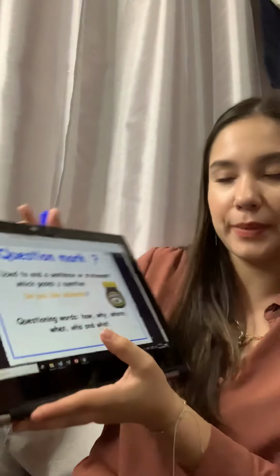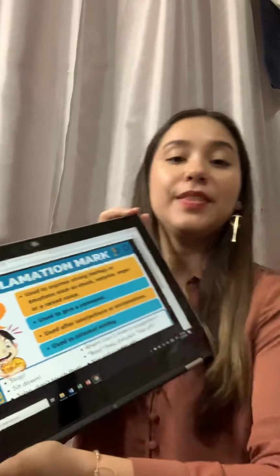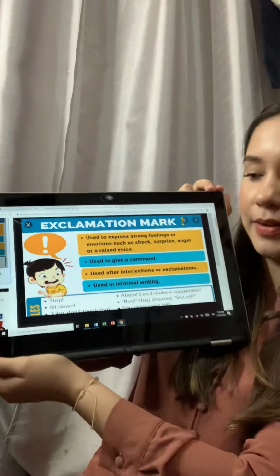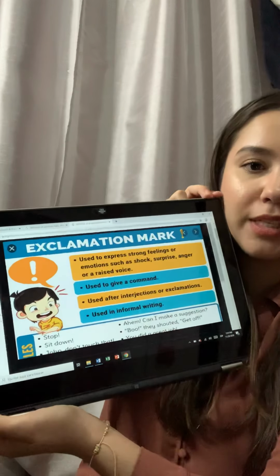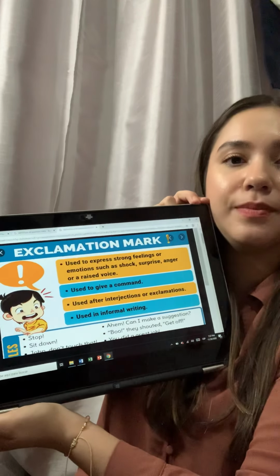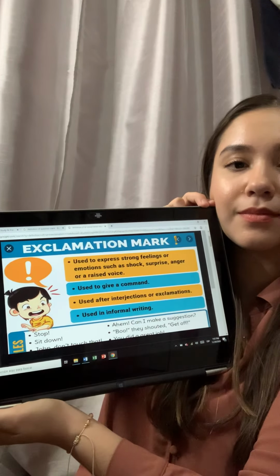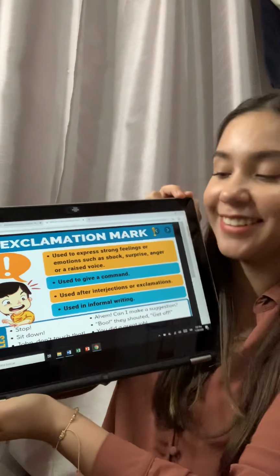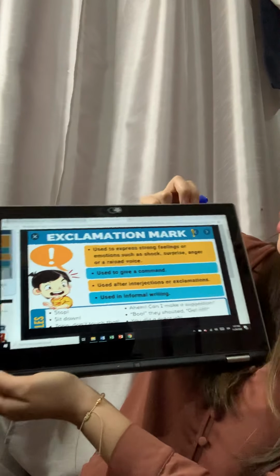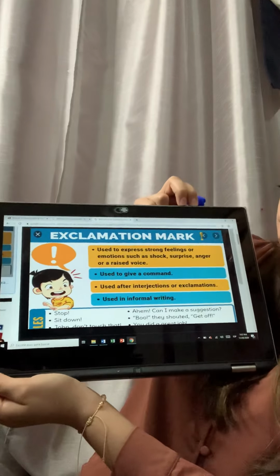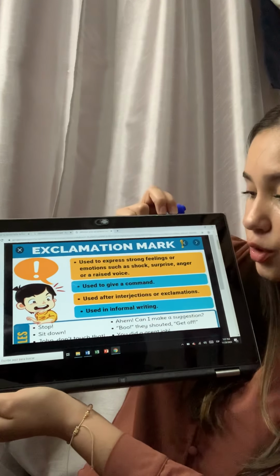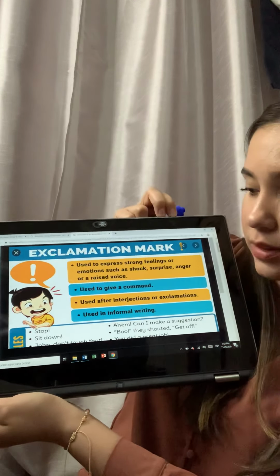Okay? Now, I'm gonna go with the exclamation mark. Does anyone know what an exclamation mark is? No? Okay. It is used to express strong feelings or emotions such as shock, surprise, anger, or a raised voice.